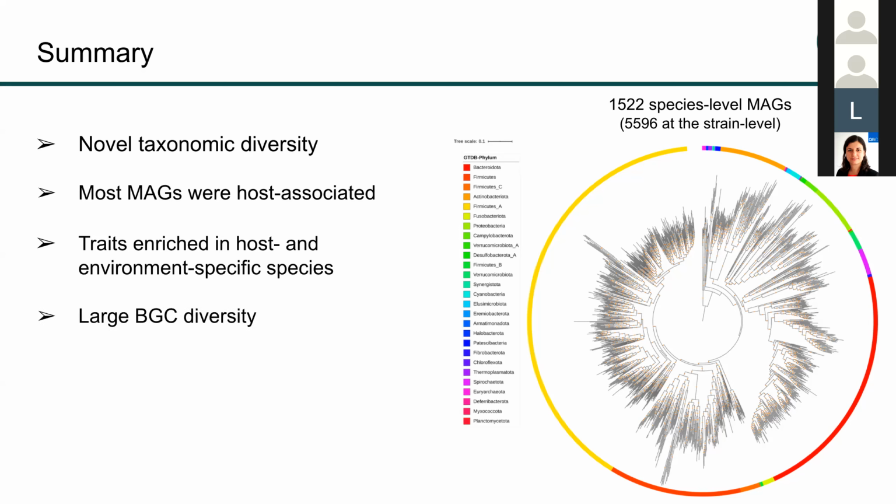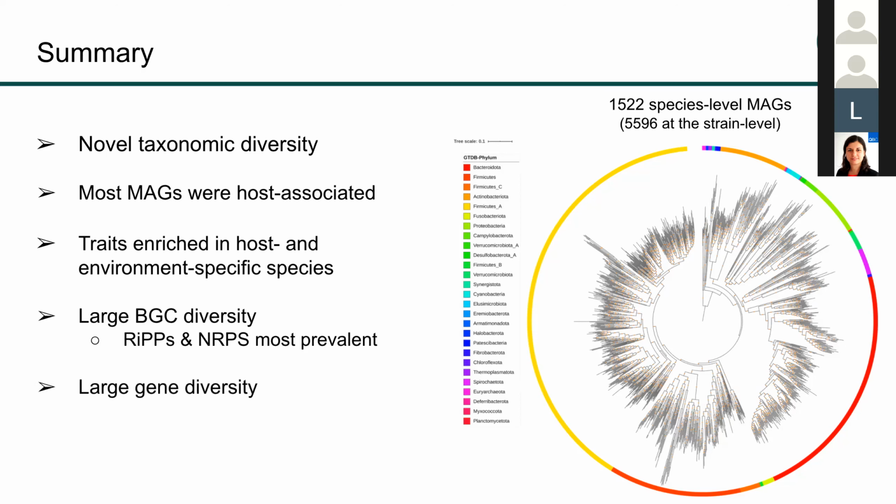And we did see a lot of genomic diversity among these MAGs, such as biosynthetic gene cluster diversity, especially RiPPs and non-ribosomal peptide synthetases. And this could have implications for bioprospecting new biosynthetic gene clusters for natural product discovery.